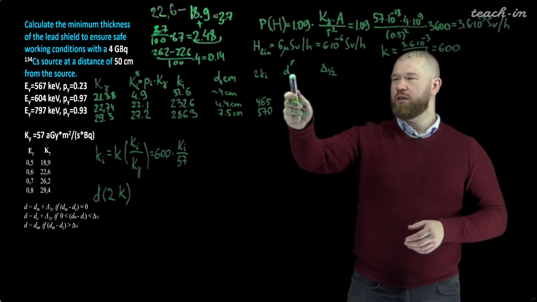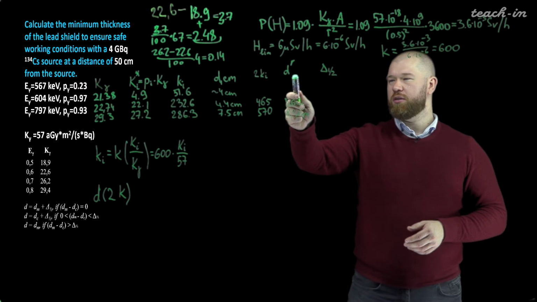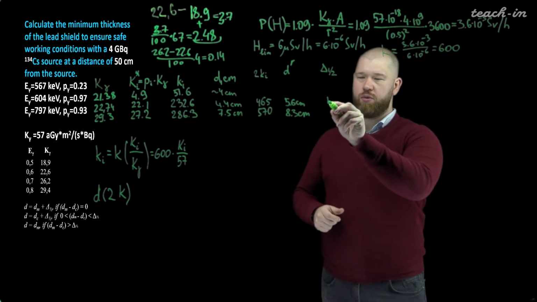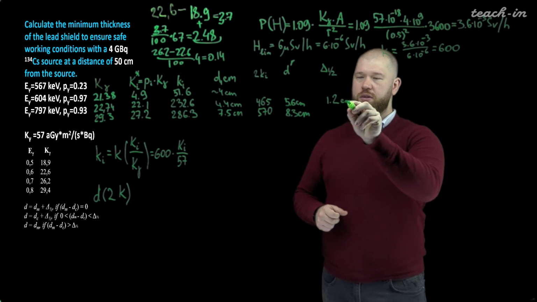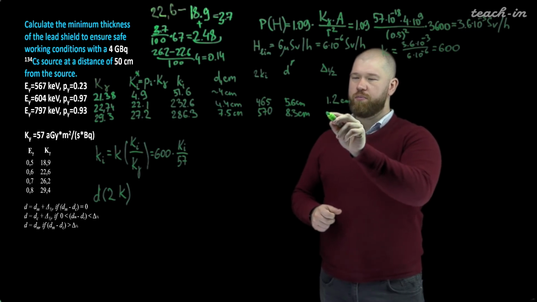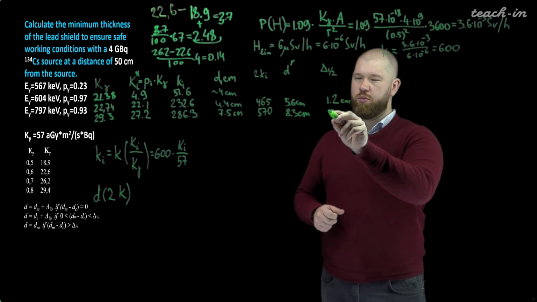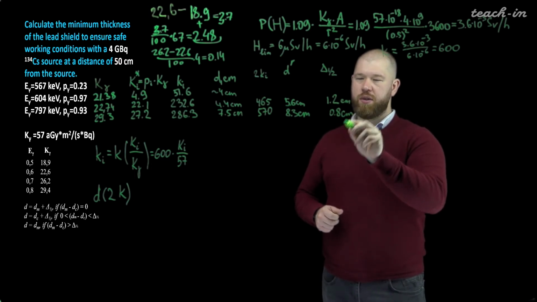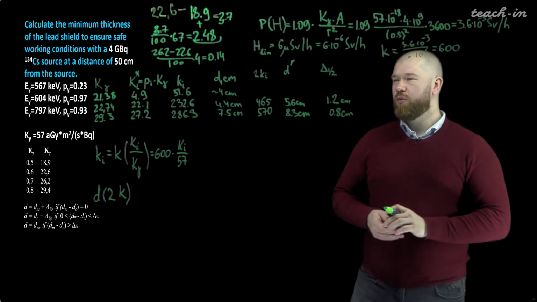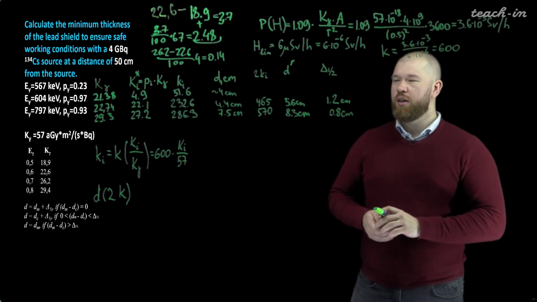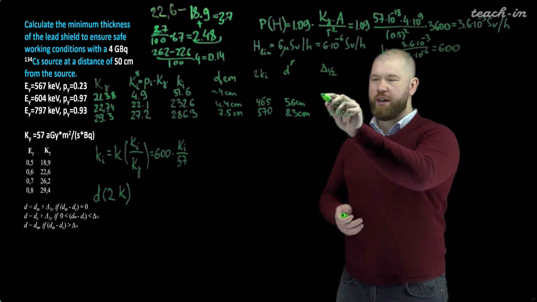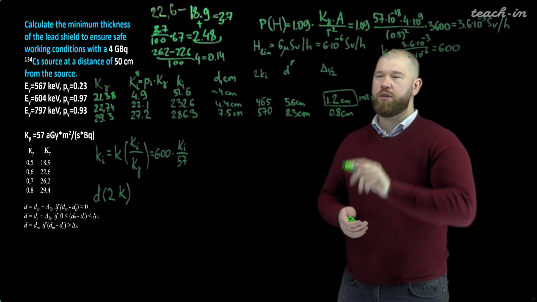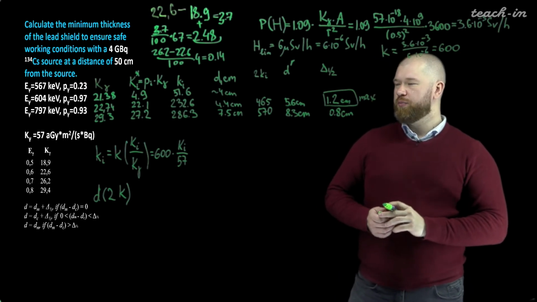Now we will take the difference between this and this. It will be 1.2 centimeters here, and here it will be 0.8 centimeters. And for further analysis, we will take the maximum value of these 2 values.